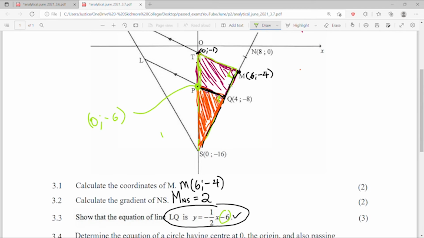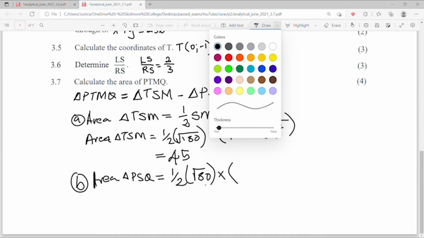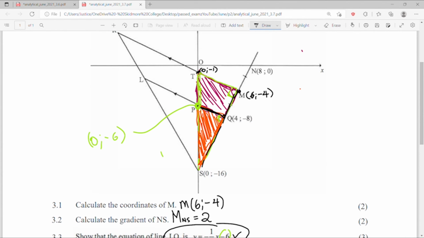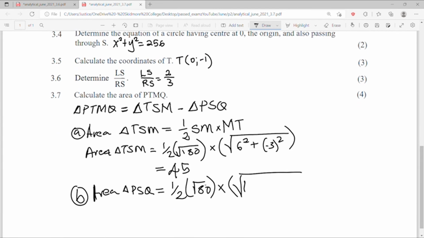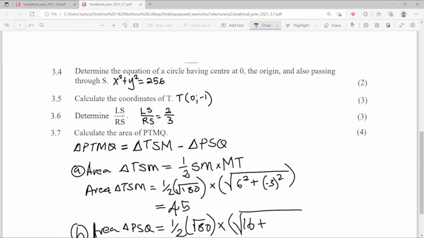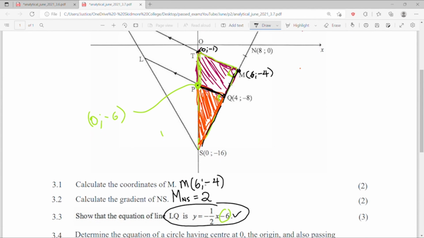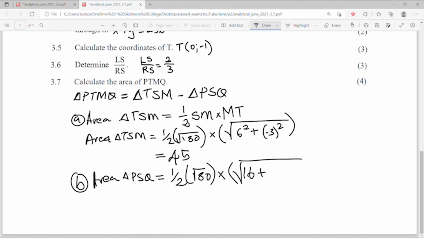And since we have that, we can calculate the height by saying the square root of 4 minus 0 is just 4, 4 squared is 16, plus minus 8 plus 6, which is minus 2, and minus 2 squared is 4.